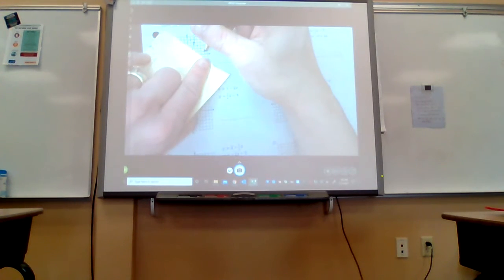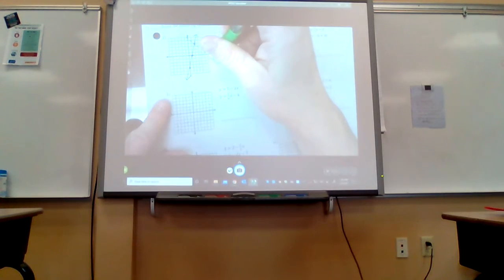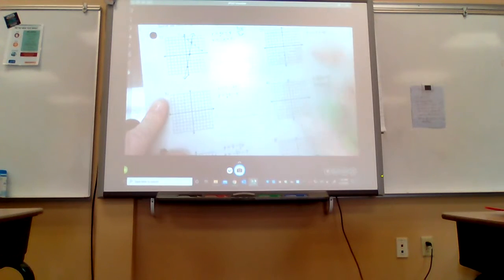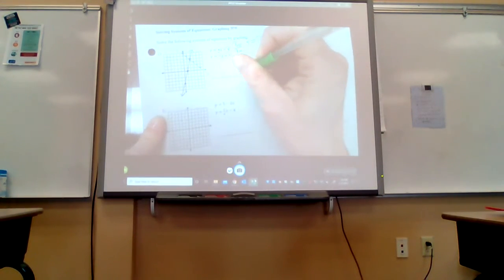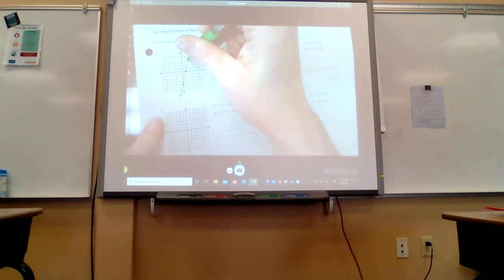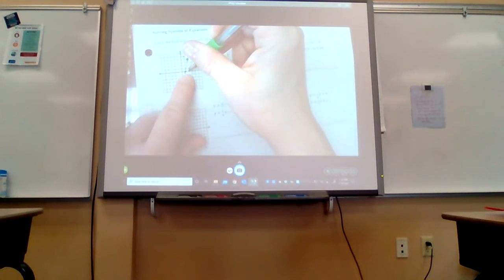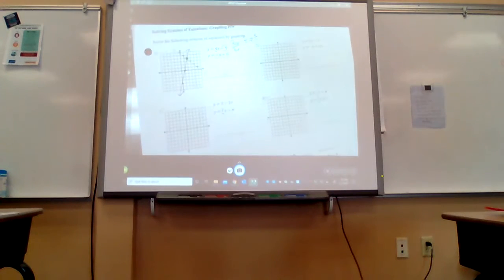And the point where they intersect is the solution. The solution should be written in x comma y. So this is your solution right here where they intersect. 1, 2 over, and 1, 2, 3, 4. 2 comma 4.